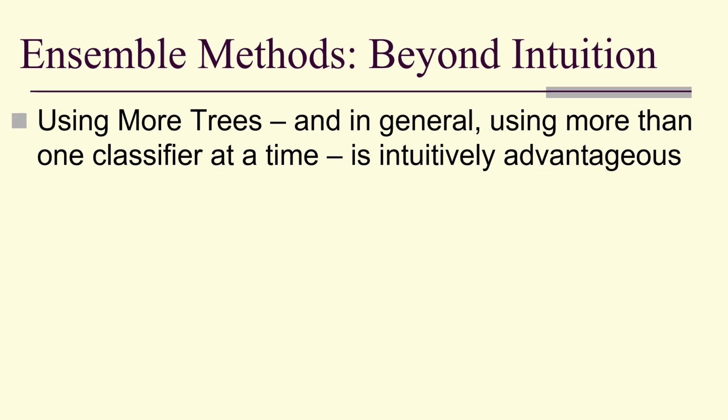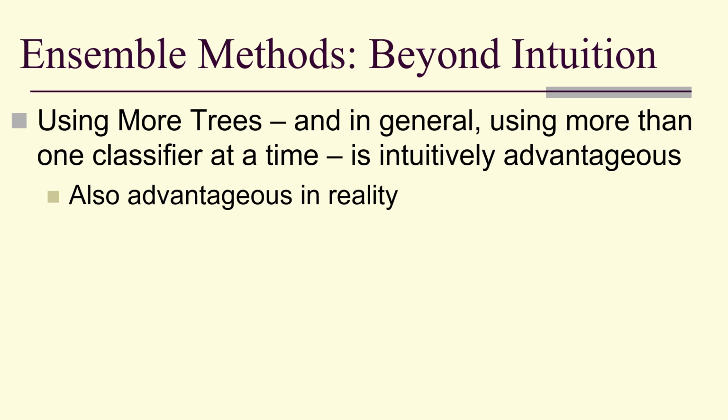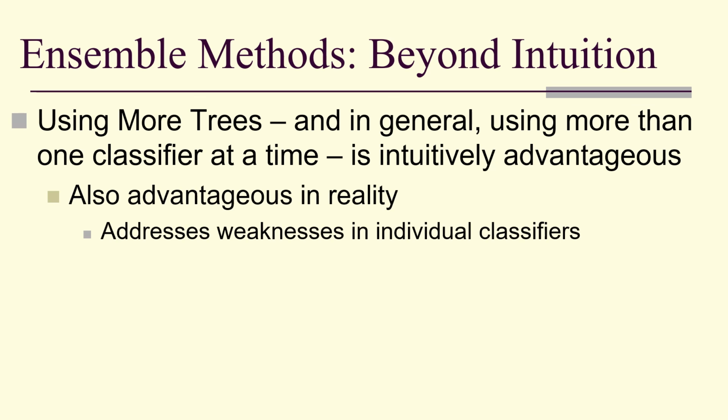So ensemble methods go beyond intuition, but certainly intuition works. Using more trees and in general more than one classifier at a time is intuitively advantageous. Also advantageous in reality.